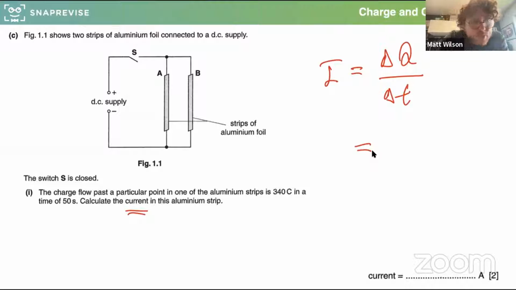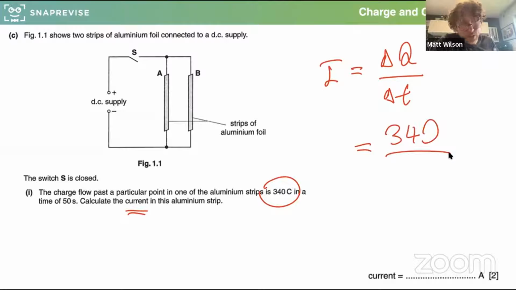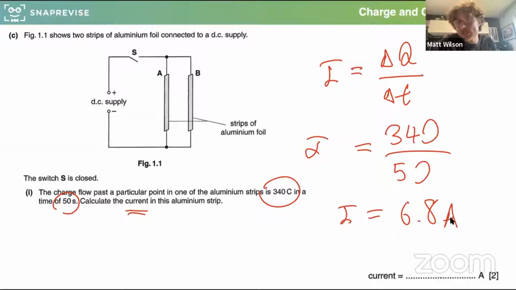Good. So we have the change in charge, 330 coulombs of charge moving through, and then the time is 50 seconds. Now we can just put this in a calculator and we will get 6.8, and that's measured in amps.